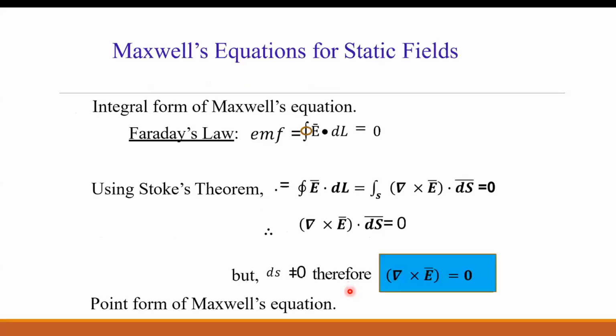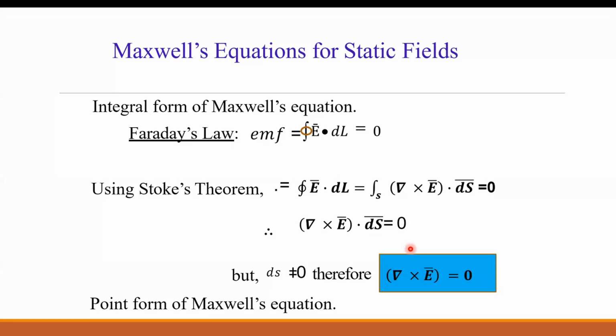So EMF for steady quantities is 0. EMF is only generated for time varying quantities. So the closed integration of E dl is equal to 0, and this is the integral form, and its point form is del cross E is equal to 0. This is the first Maxwell's equation for static field, derived from Faraday's law.